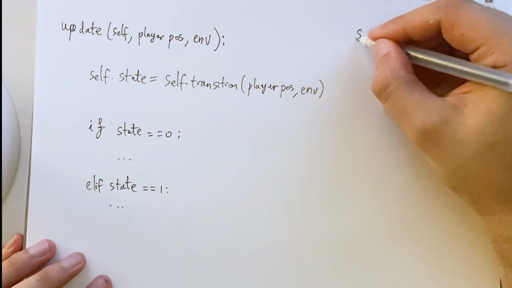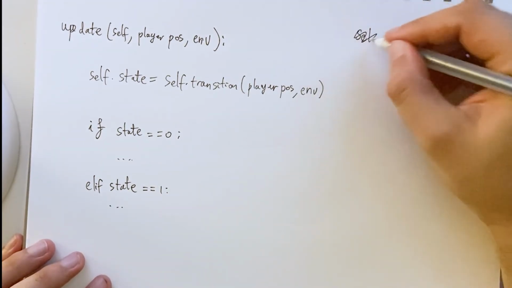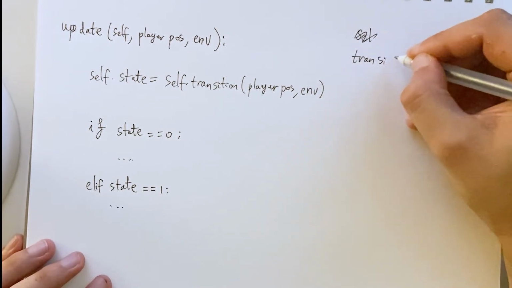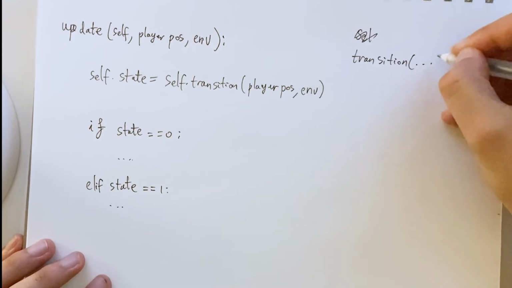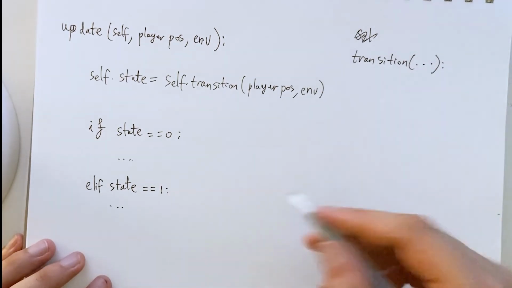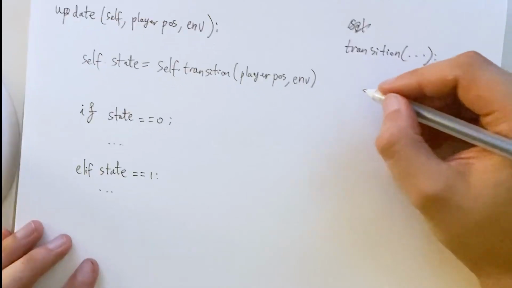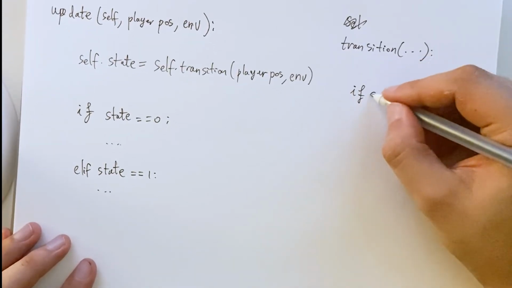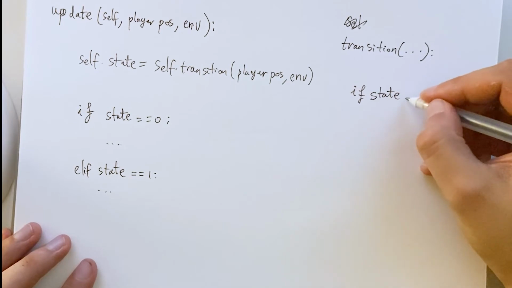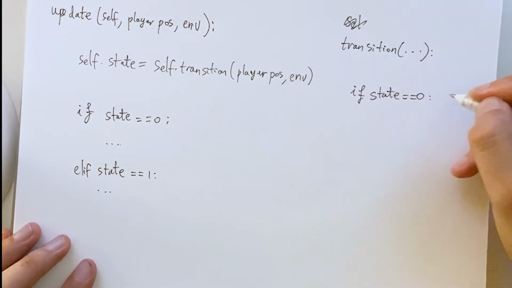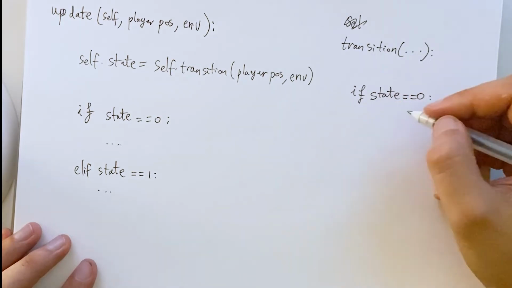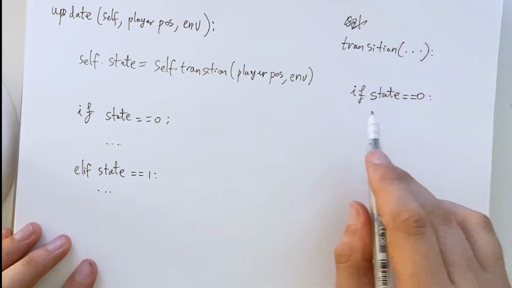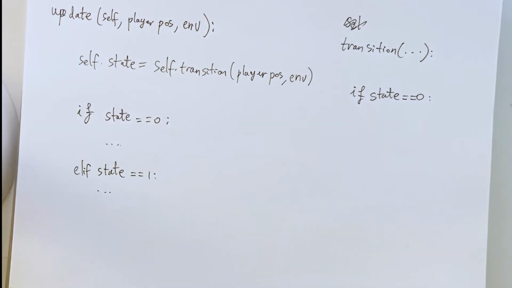Okay, then we'll have transition, with the same signature. So what we'll have is, if state is equal to 0, then, well, we're in state 0. So we do want to handle something.